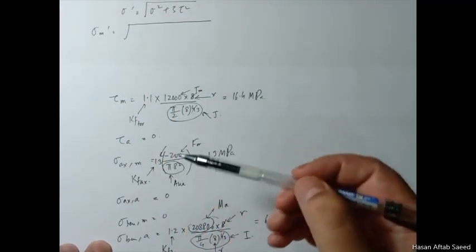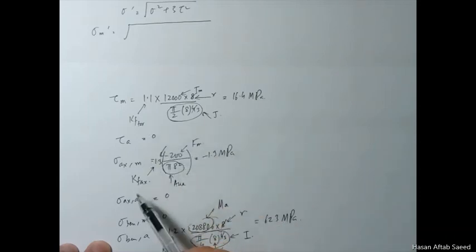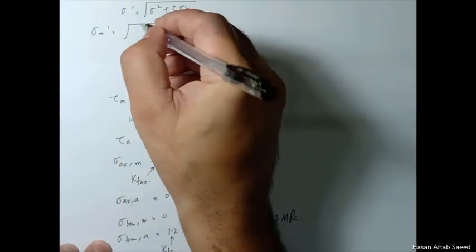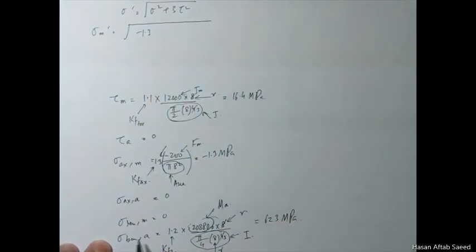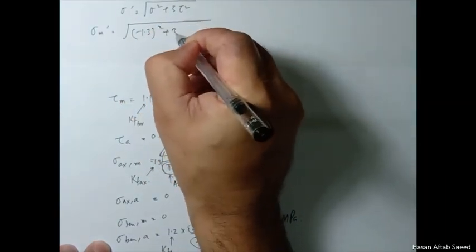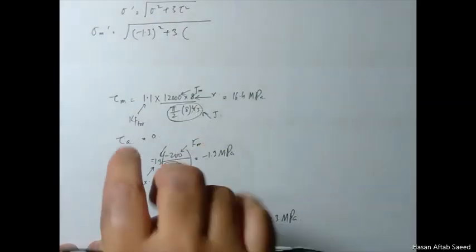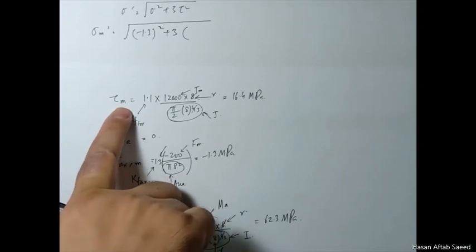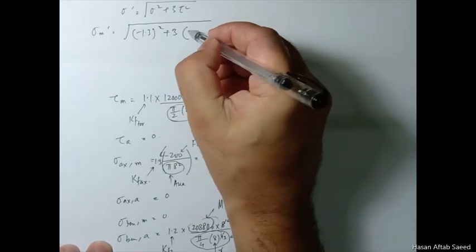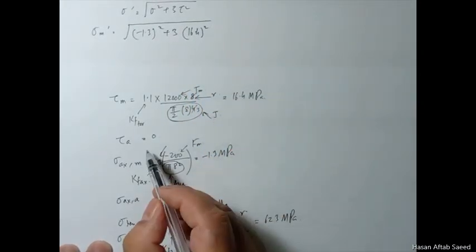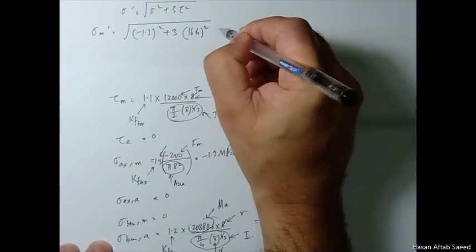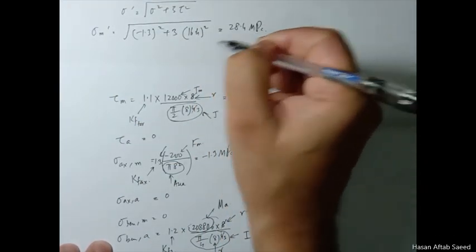The sigma x mean, this is axial load, minus 1.3, and there is no bending load, no mid-range bending stress. So this is just 1 minus 1.3, plus 3. As far as the tau is concerned, this is the mid-range, the mean value 16.4, because this one is 0, and because we are dealing with the mean component, this is simply this, and this turns out to be this.